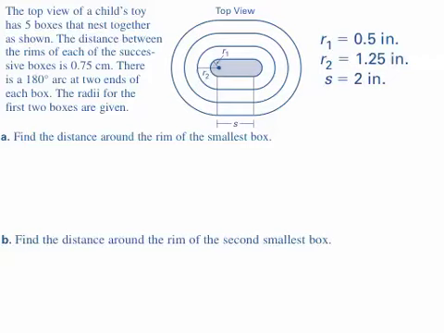This first one asks us to find the distance around the rim of the smallest box. Notice it's been shaded. And then it tells us the radius of the first one is going to be 0.5 inches.